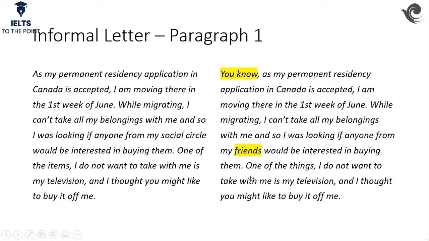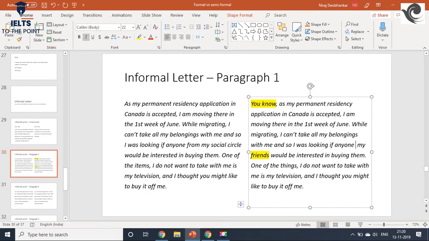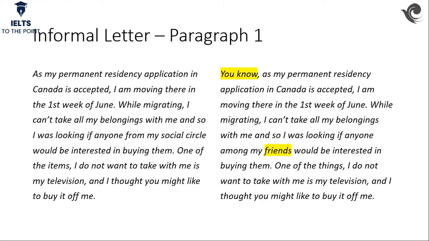One of the things I do not want to take with me is my television, and I thought you might like to buy it from me. I'm not correcting that again, we have already corrected that long ago. So it should be just, might like to buy it from me.